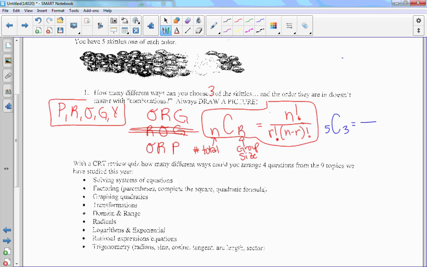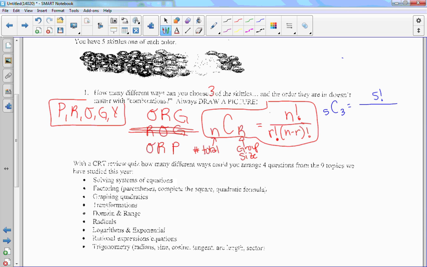Okay, Jeff, what would I write on the numerator? Let me actually write this a little higher. 5 choose 3. 5 what? What's that name? Factorial. Okay, in the denominator we have r factorial.